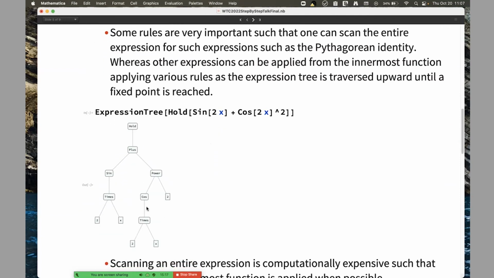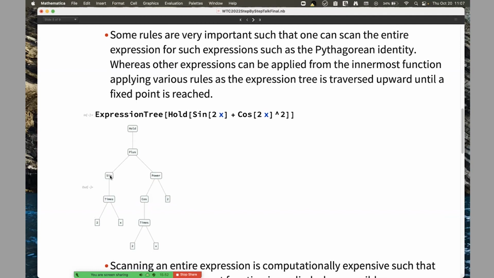When you're applying rules, you could start from the leaf nodes, and then as you look up the tree, you'll encounter a cosine of 2x, and you'll want to apply a rule there. Next we could apply a sine rule, and after that we could compute a power of that cosine. So that's a little bit of the idea behind this rule-based simplification of trigonometry.